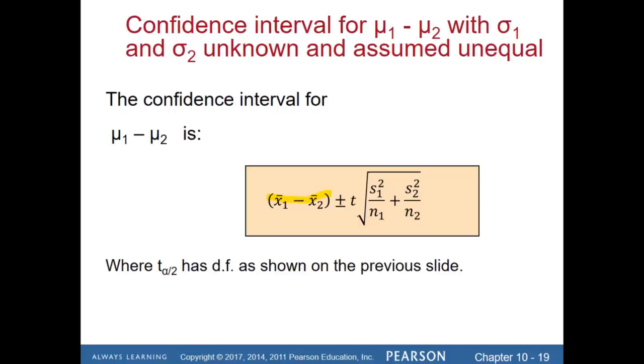And then we are adding and subtracting a margin of error that's determined by taking a critical value of t, where that is based on 1/2 of our alpha value and degrees of freedom as we just looked at in the computation, and then multiplying by a standard error. So t times standard error gives us the margin of error. We add and subtract the margin of error to the point estimate to form the limits of our confidence interval. And so we'll work those computations in our problem as well.